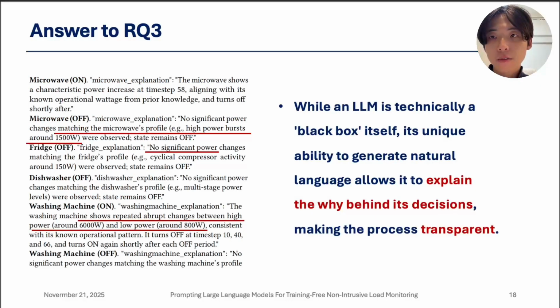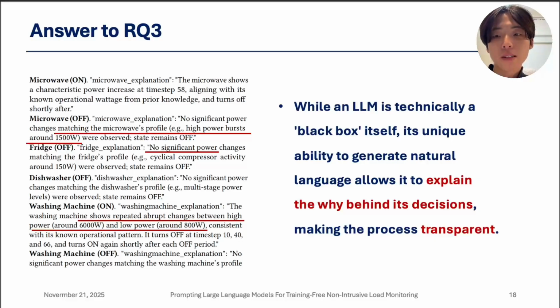Okay, the third question, the explainability. It's true that large language models are also a black box inside, technically, but they have one unique advantage: they can speak natural language. So we ask the model not only to output the appliance states, but also give a short explanation for each decision.